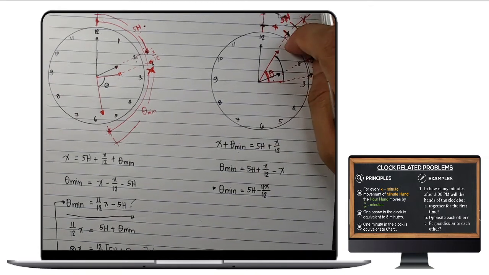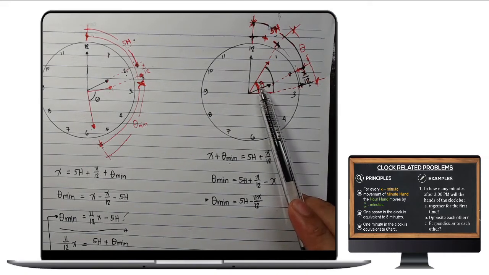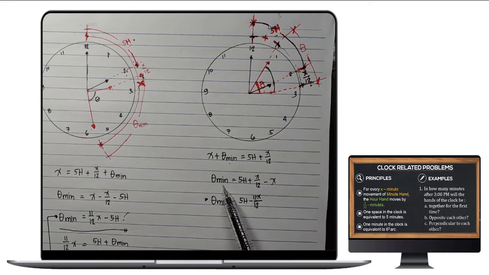Then, pag naman ang nauna ay si hour hand kay minute hand, we have theta in minutes is equal to 5h minus 11 over 12x.